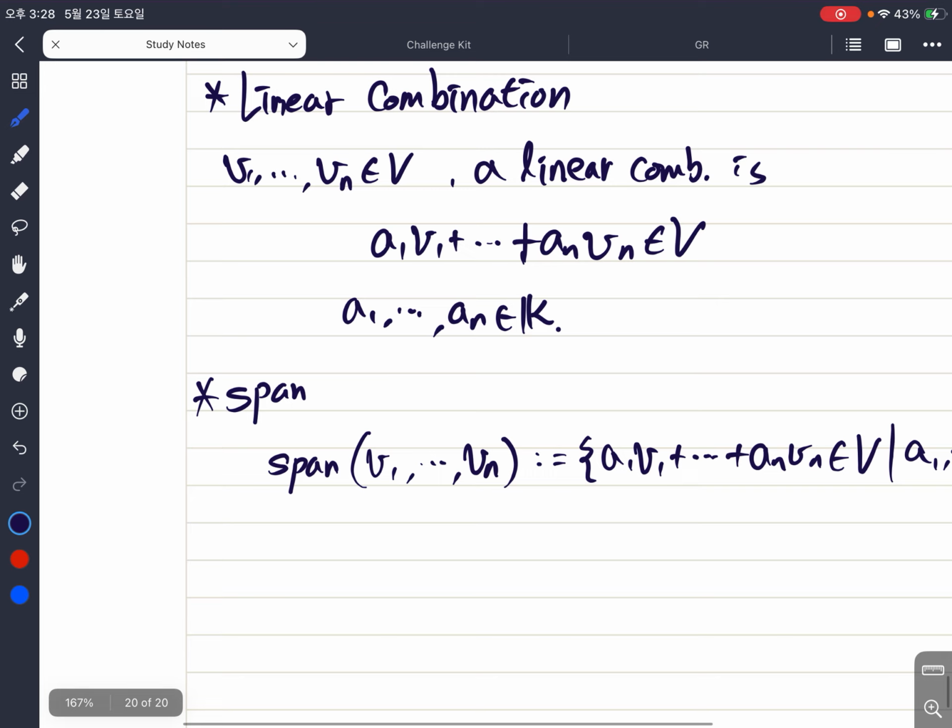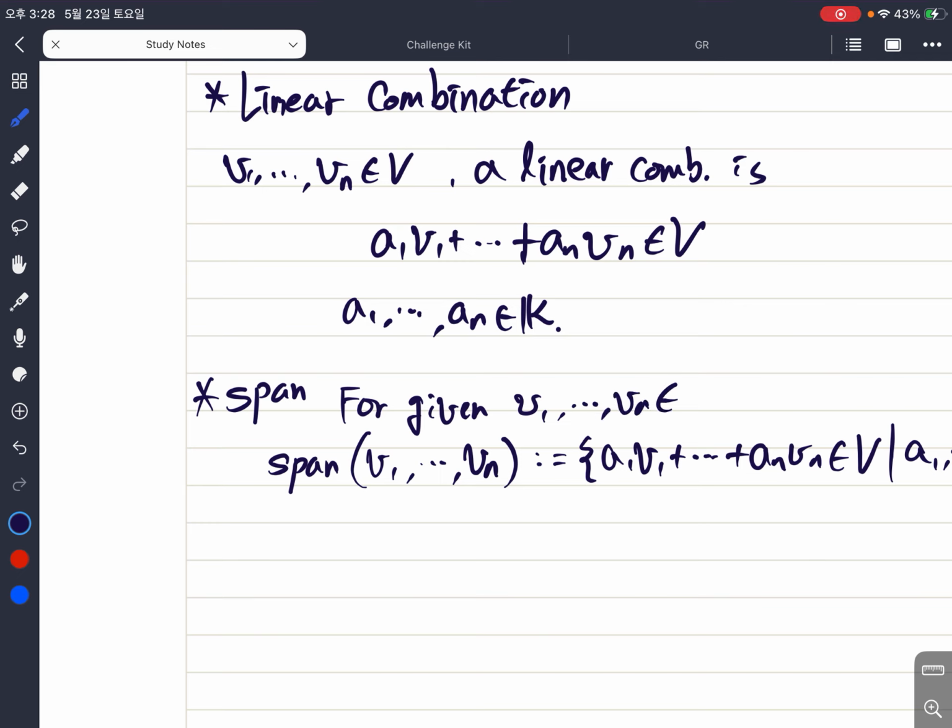So you have a given v1, ..., vn in V, and using these you can define a set which is the linear combinations of them.